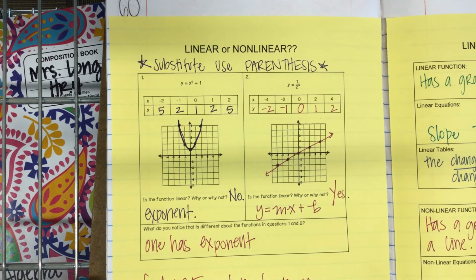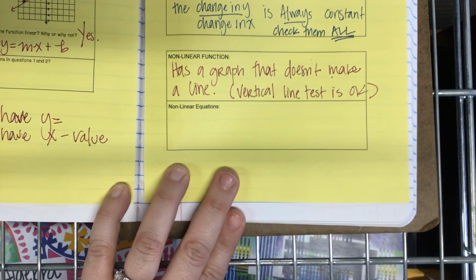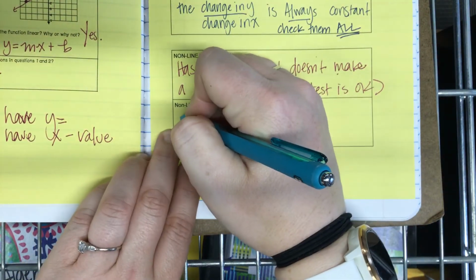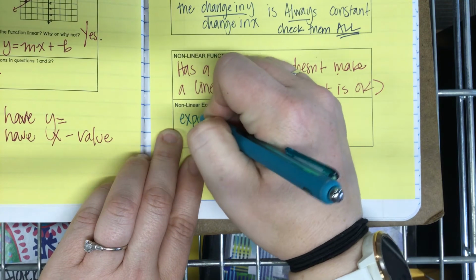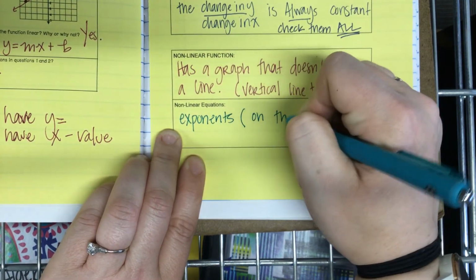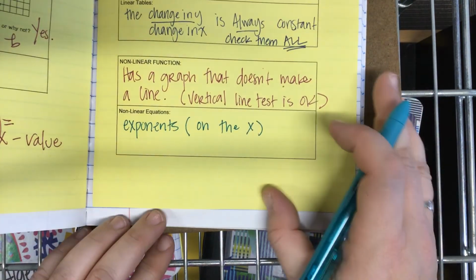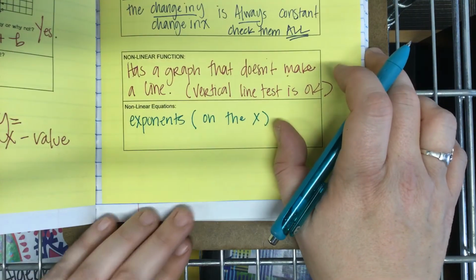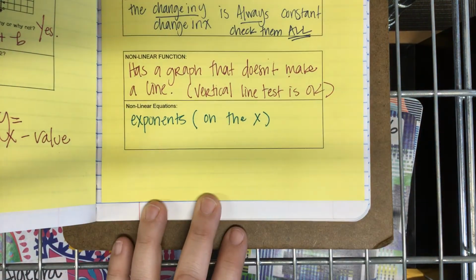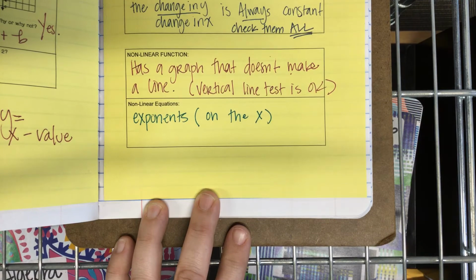It has exponents. So when we're looking at it, the identifier is the exponents. And remember, it has to be on the x. What if there's an exponent on the y? It's not a function. This is a function. So there might be an exponent on the x.